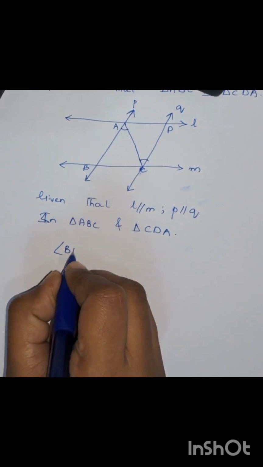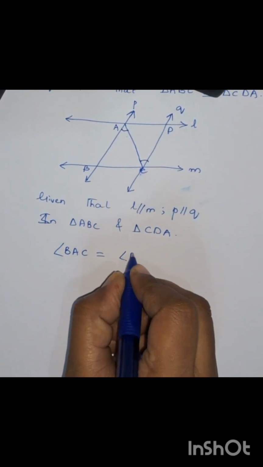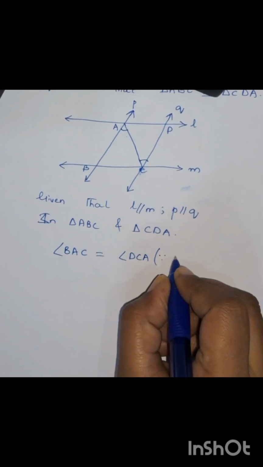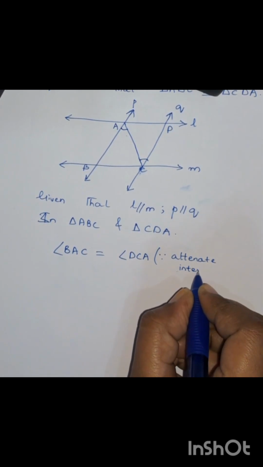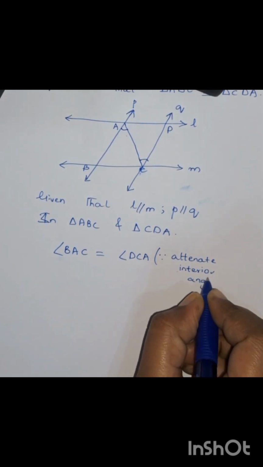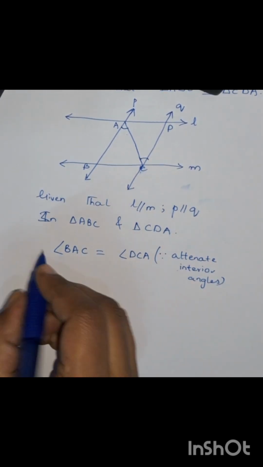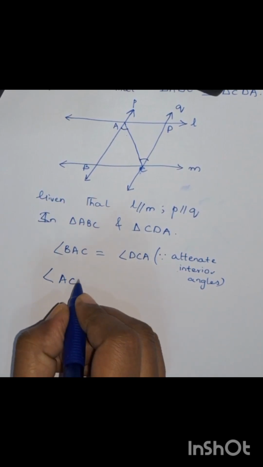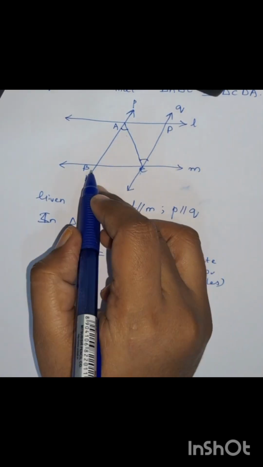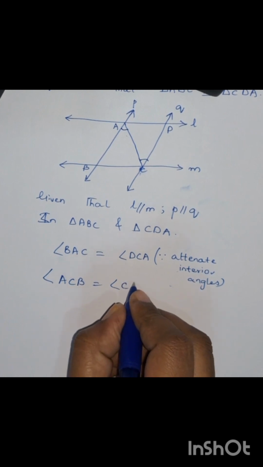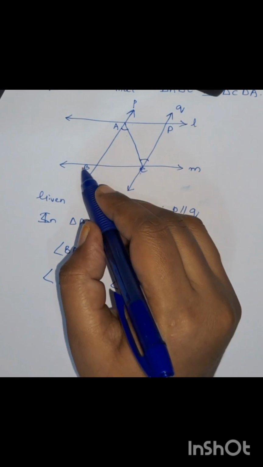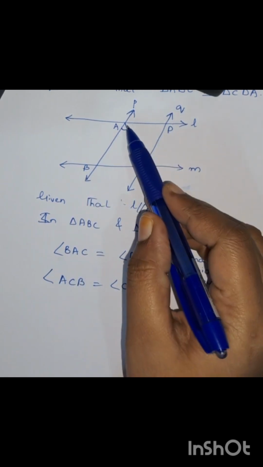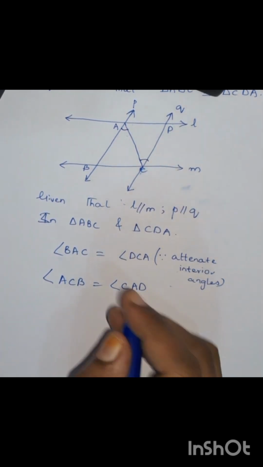So angle BAC is equal to angle DCA since alternate interior angles are equal. And next is angle ACB. Angle ACB is equal to angle CAD. Yes or no? These two angles will also be equal.